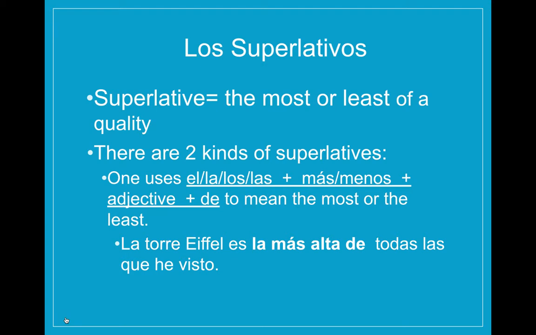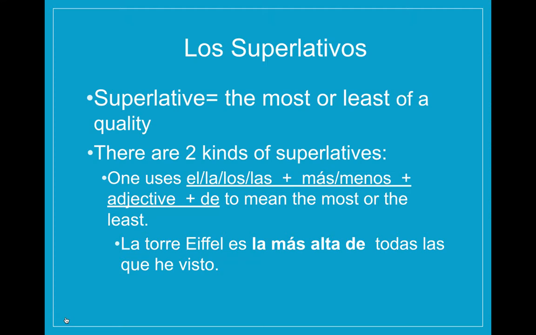So there are two kinds of superlatives we're going to use to say the most or the least of something. One uses the word el, la, los, or las, so the word for the, plus más or menos, just depending on if you want to say more or less, then your adjective, then de, to mean the most or the least of something. So, la Torre Eiffel es la más alta de todas las que he visto.